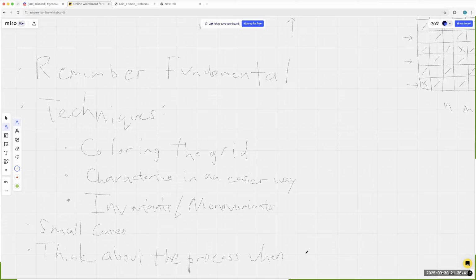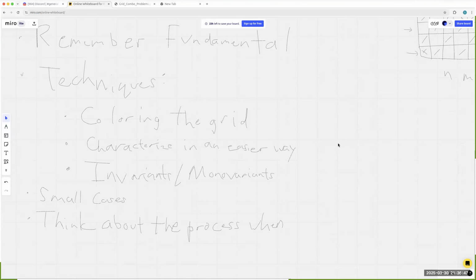And I know this is very hand wavy, but as I mentioned, in grid combo there's just too much to describe under one umbrella. So these are just some general tips as to how to approach these types of problems.